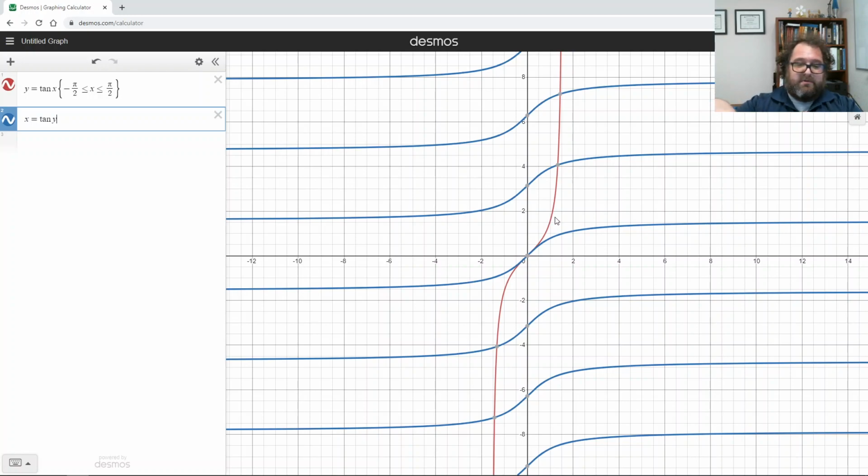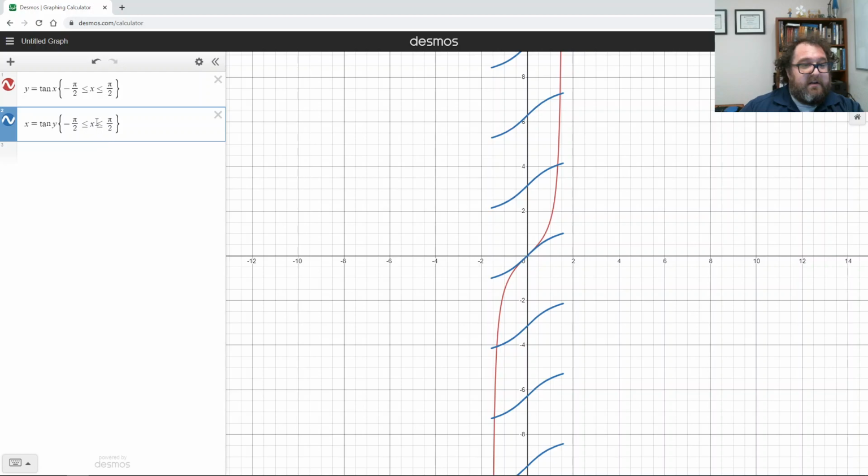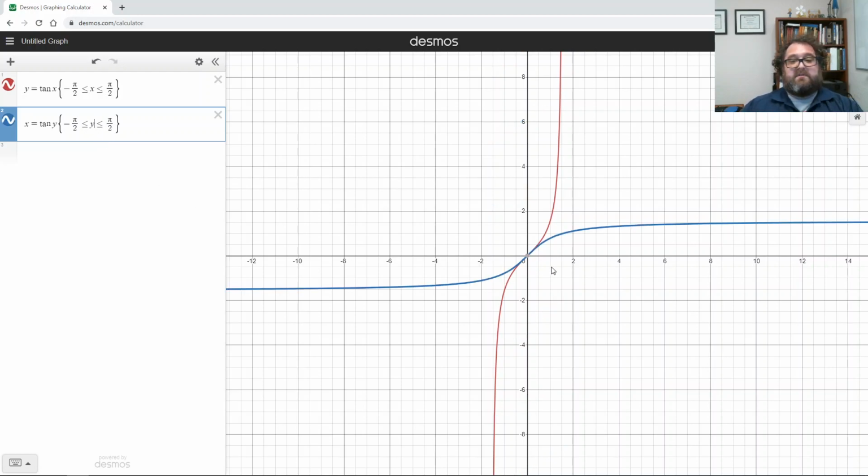Now, the way Desmos handled this, I actually have too many copies, so what I said is not strictly true. But what I can do here is restrict the range to be from negative pi over 2 to pi over 2. Not the x values, the y value. So there we go.